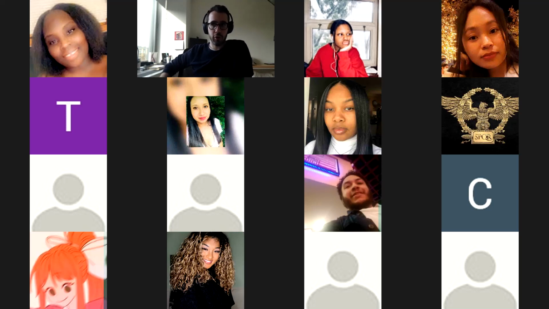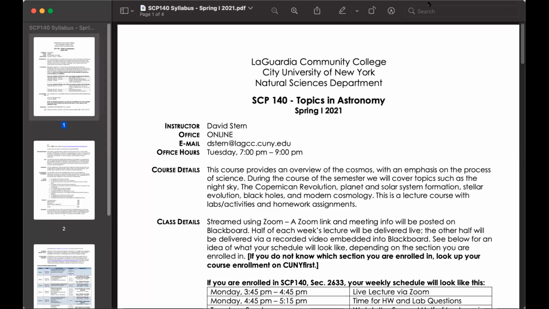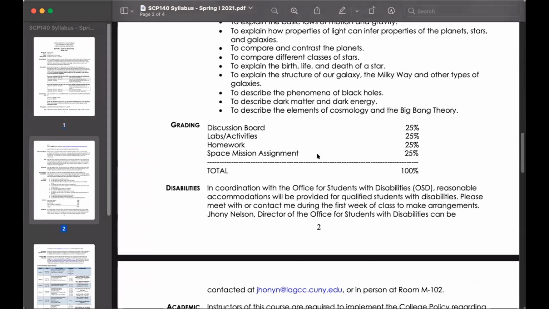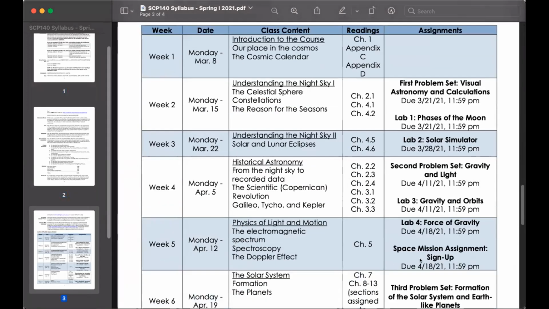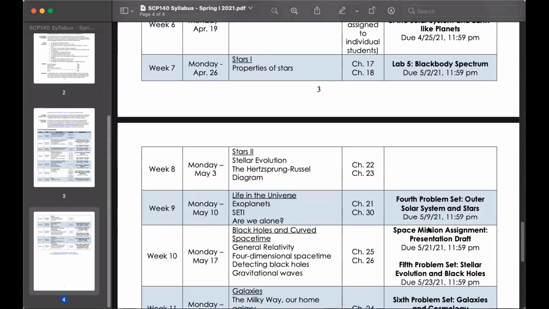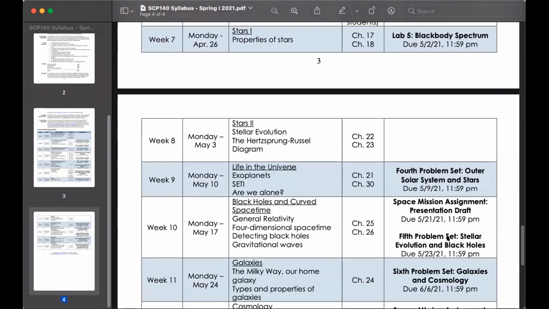So the first draft, if you check the calendar, where is it? Share my screen here. Okay. If you check the calendar, all right, space mission signups. I put it back to this week. That's fine. The draft will be due by May 21st.